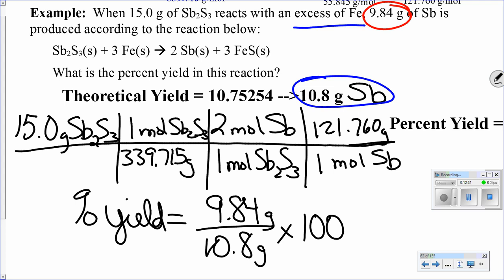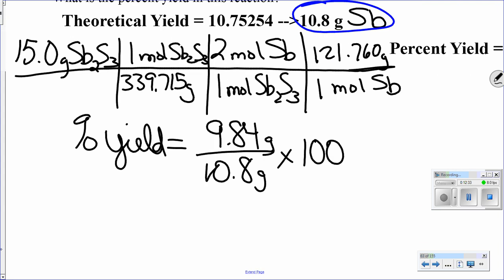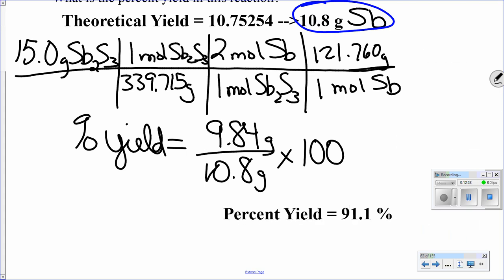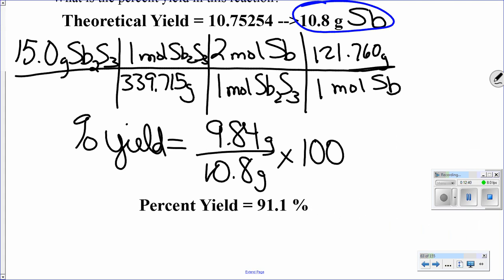One little tip in percent yield calculations, it's a type of percent where the thing on top does have to be smaller. So if your theoretical yield is smaller than your actual yield, you know that you calculated your theoretical yield incorrectly. So this gives you a percent yield of 91.1%.